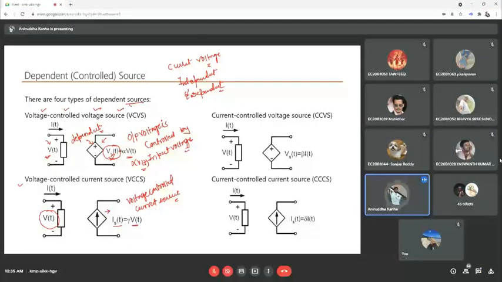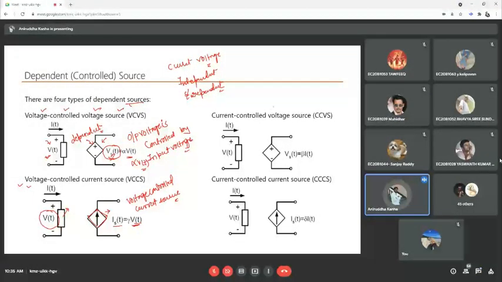The voltage across this element is controlling this current source. You can consider it this way: voltage is controlling the current source. Is that okay?